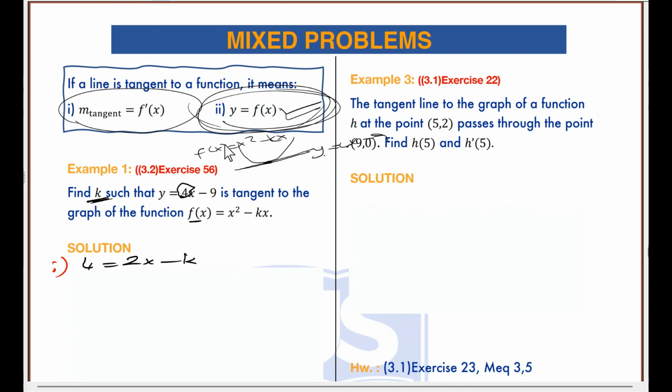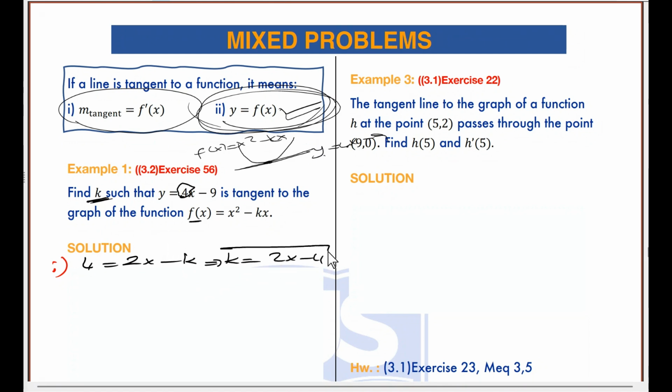When I equalize f and y, I'll also have two unknowns. So to eliminate one of them, I will isolate either x or k. It's better to isolate k, so I can put the value of k in terms of x. When you bring k to the left and 4 to the right, k is 2x minus 4.